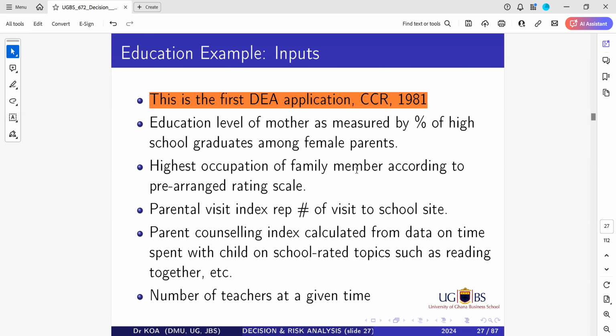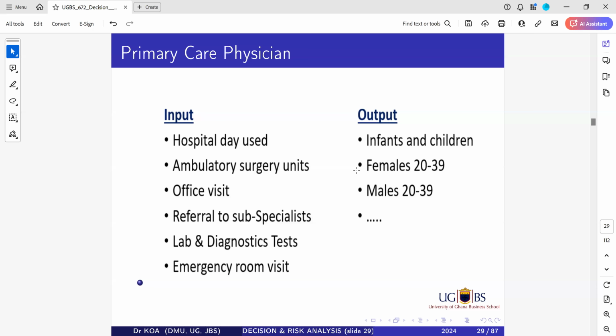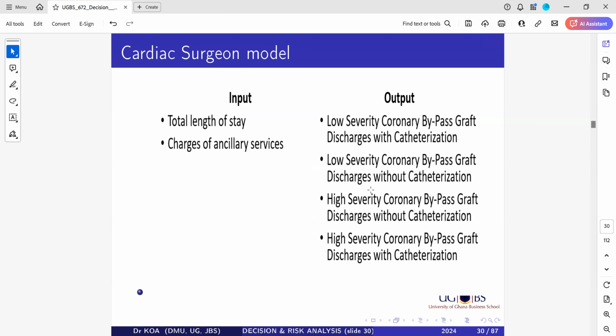Very, very powerful. Then when you go to medicine, okay, physician care, the hospital they used was an input, office visit is an input, lab and diagnostics tests, if the hospital has got it, emergency room visit. And then finally, the output. Infants and children, the pediatrics ward, okay, whether females and male, all of them, that would be an output.